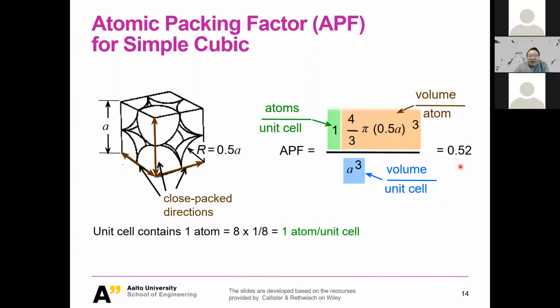The volume fraction or the packing density of simple cubic is 52%. So this is the way you're going to do it. I don't think we have time to do some practice now in this course, but you will have the chance to practice it in your assignments.